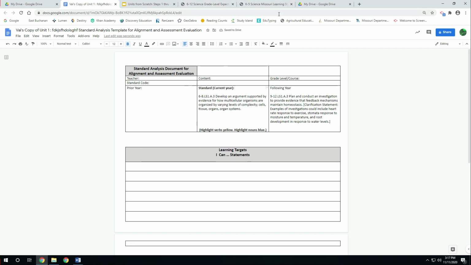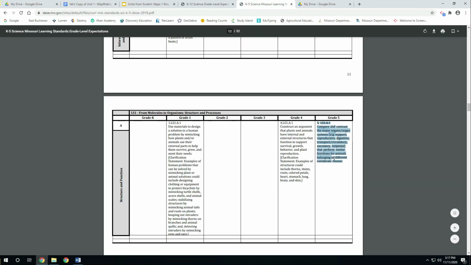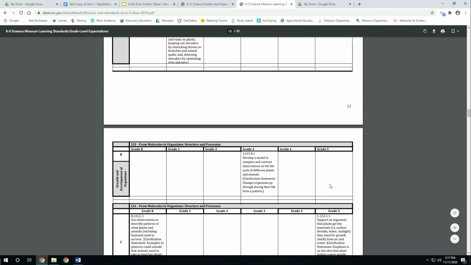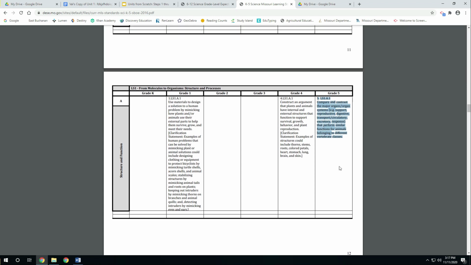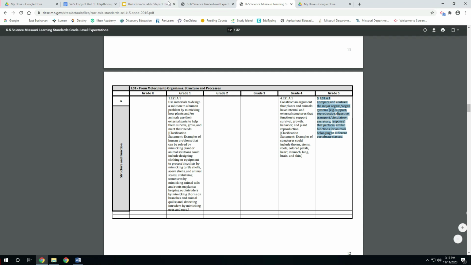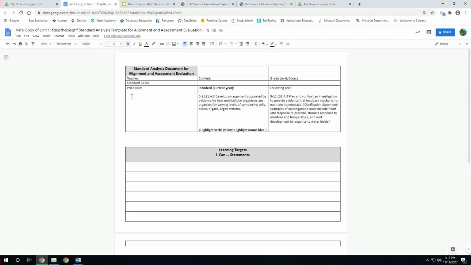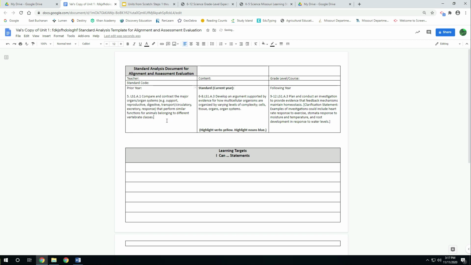And then it wants a prior year. So I had to go to K5 Science, and as I look, LS1A3 does not exist in 5th grade. So the one that looks closest to it that tells me the most about my standard is this LS1A1, and I would put that back in this template here, and I might make a note that there was no A3.